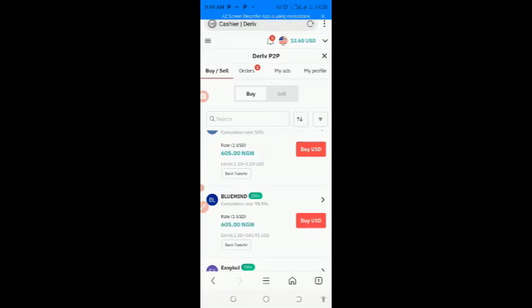So use P2P for one account and use the other one for another account. Please just follow the instruction, and when you follow the instruction, you will be exempt. So that is what I have for you today, and how to use the P2P. The payment method is very important.